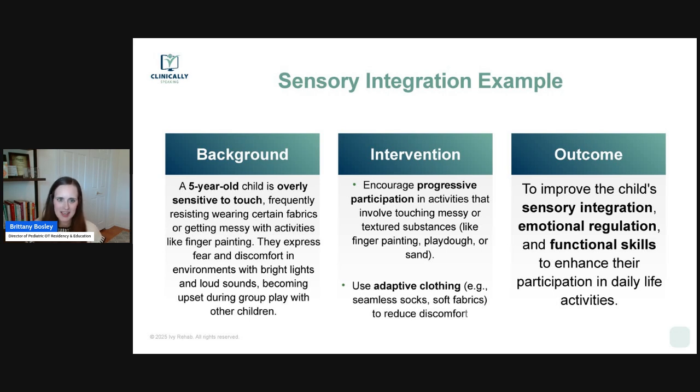The outcome is to improve the child's sensory integration, emotional regulation, and functional skills so that the child can enhance their participation in everyday life activities, during group play by themselves, and participate in life fully as a child.